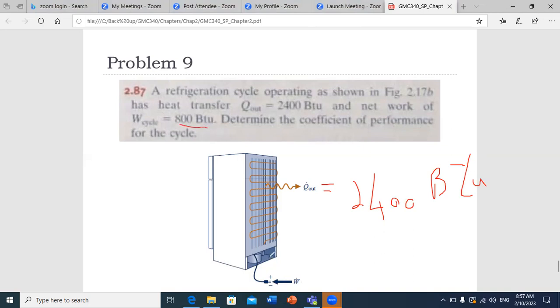Here we are putting work on the system. Okay, so it's a refrigeration system.